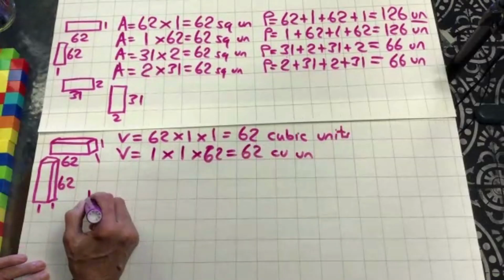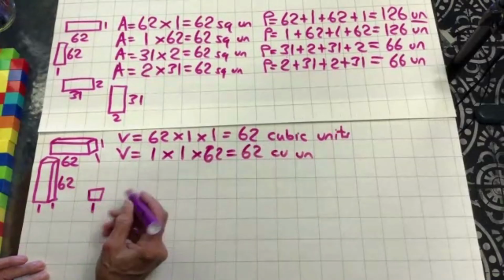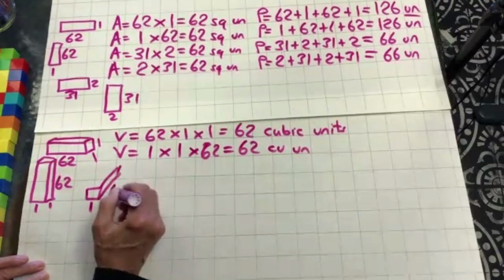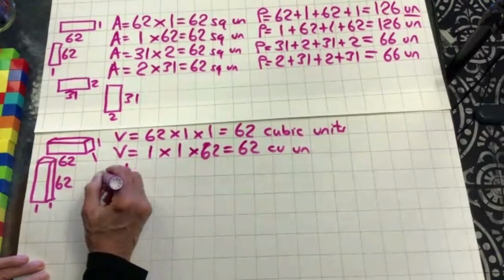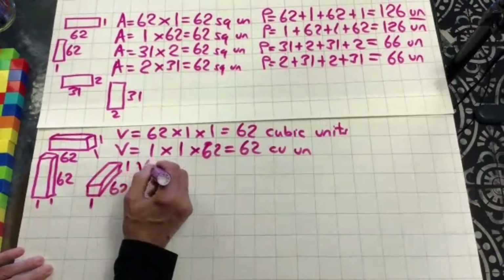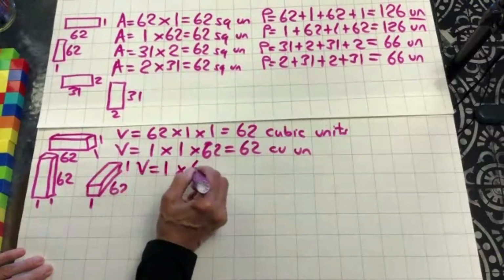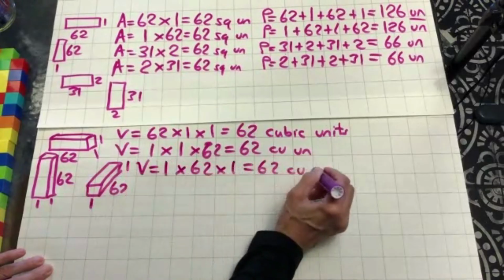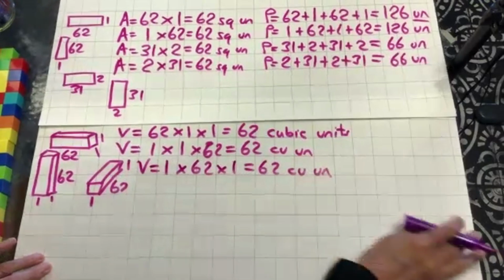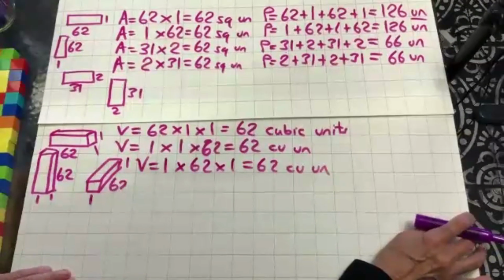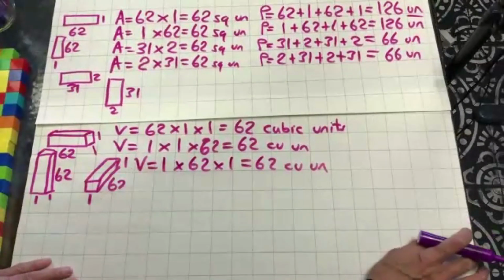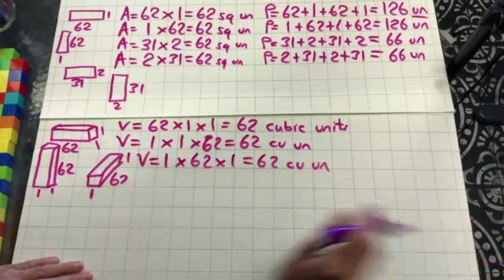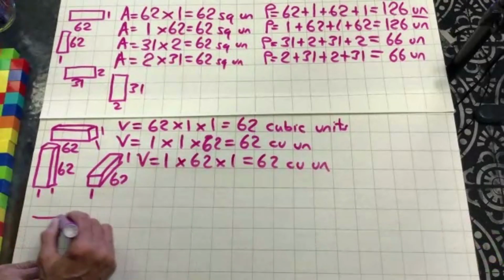Then we're going to have a 1 width by 62 deep by 1 tall. Looks something like that. 1 by 62 by 1 equals 62 cubic units. So we're using the same amount of cubes, 62 of them. We're just changing up the perspective or how we view them.